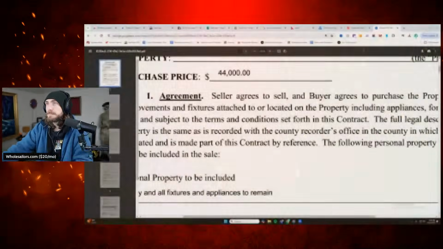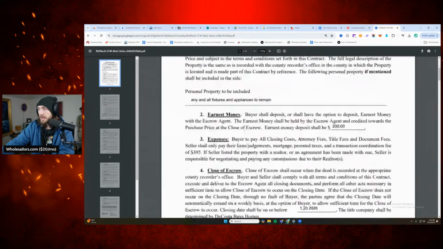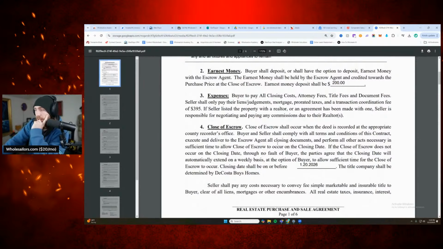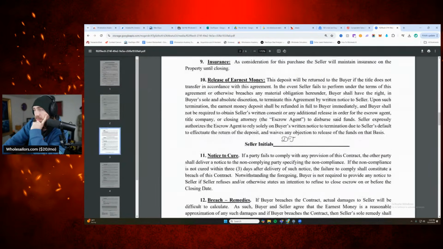I don't want to give out sensitive information here, but you can see he put the purchase price on the contract, $44,000. Close of escrow is over a month from now. So that's good. Earnest money is $200. That's fine. Everything looks legitimate on this contract.